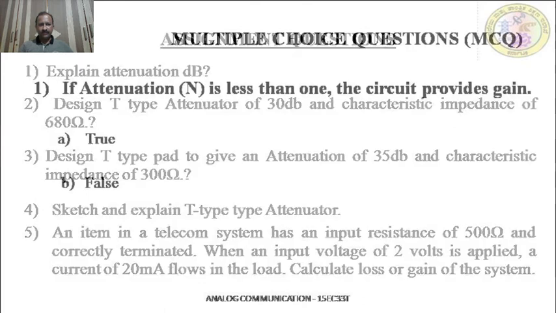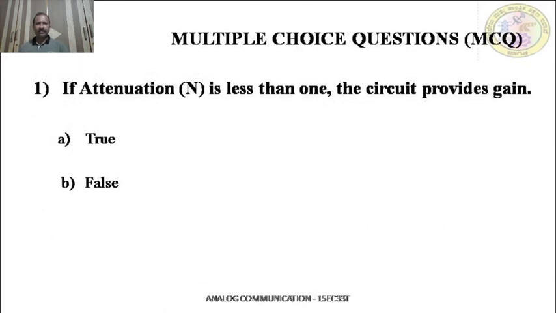Okay, next you are moving into multiple choice questions. First question: if attenuation n is less than 1, the circuit provides. Option A true, option B false.